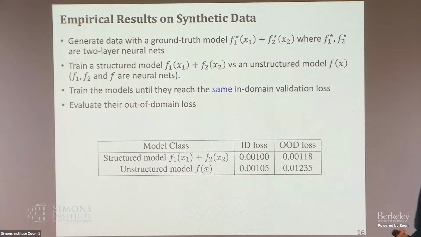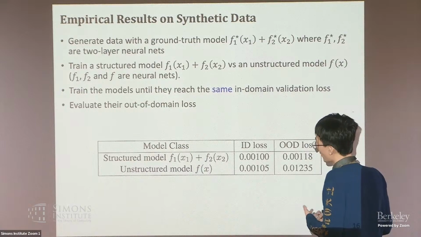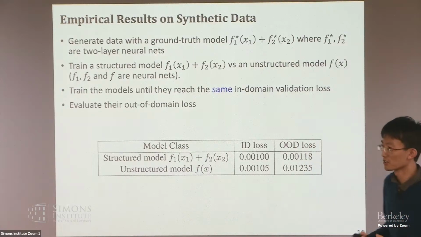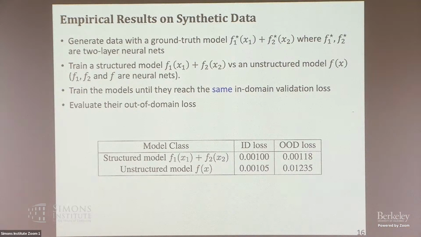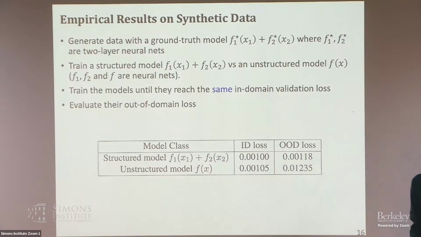Of course, in reality, people don't really restrict it that way. I think the reason you don't have to restrict it in reality is that there are implicit biases that prefer certain types of structures, even though your function class is really big, your training algorithm prefers certain simplistic structures that we don't understand very well. But here we are just making it explicit, and you can still see some gain in the OOD loss.